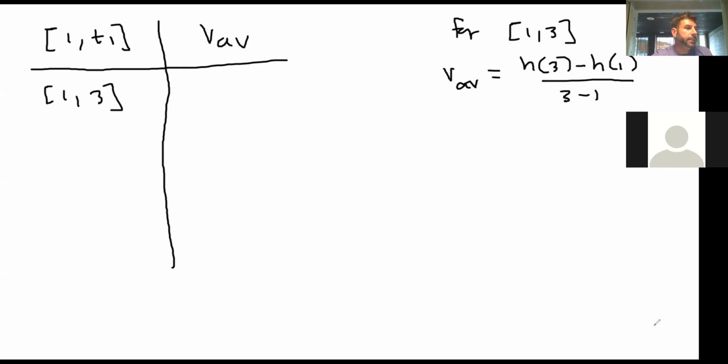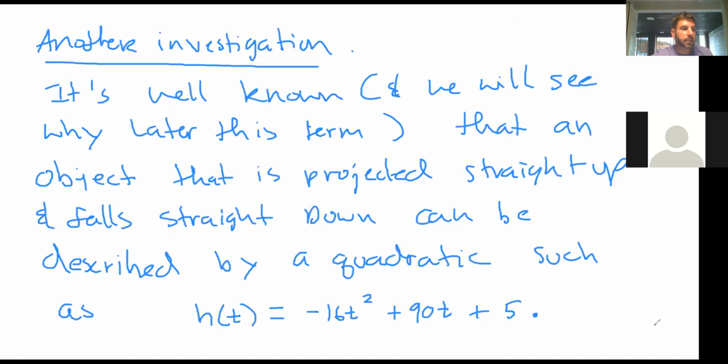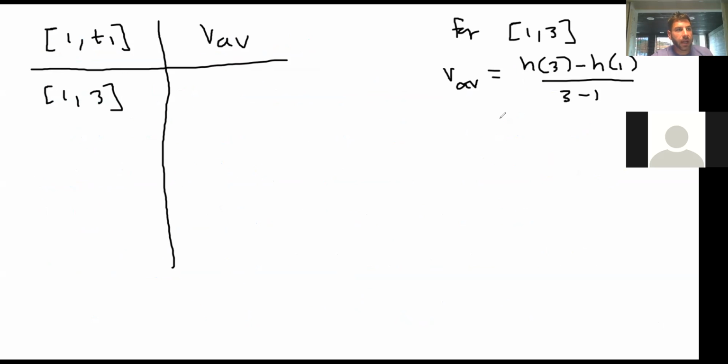If we go back, h of t is negative 16t squared plus 90t plus 5. If we plug those values in, what we find is the following.